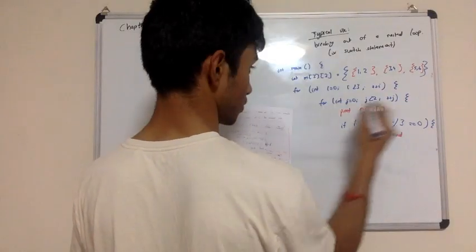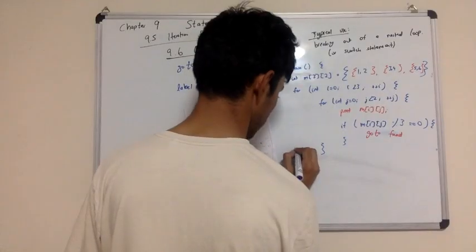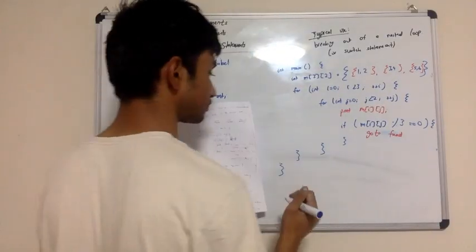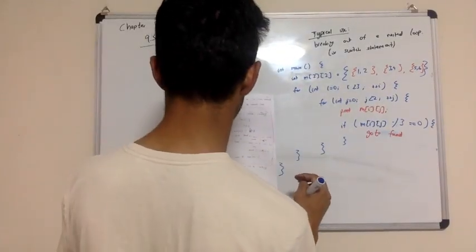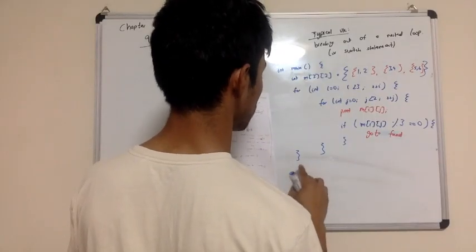And then just a bunch of closing brackets. So close that one, close that one, close that one, and close this one. Okay. No, we're not done. I need to put my found label.